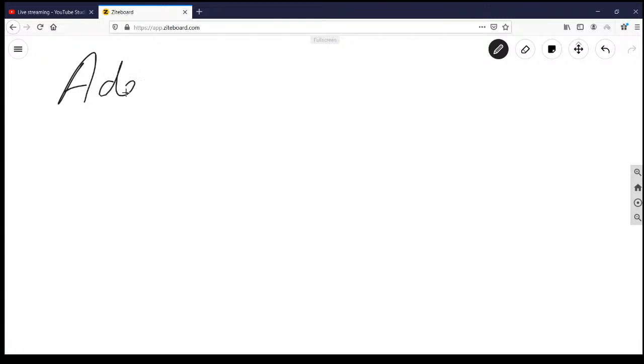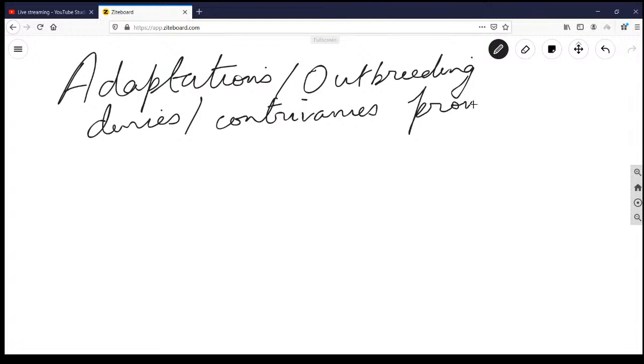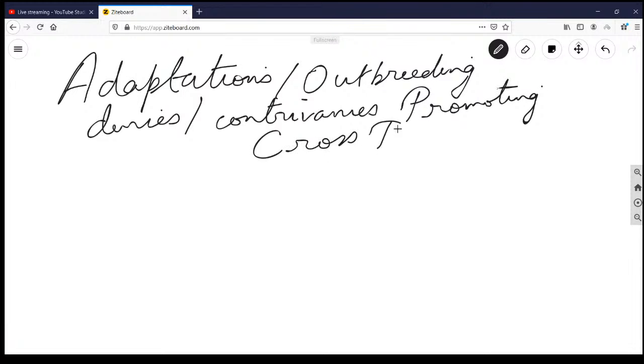So the next heading is adaptations, outbreeding devices or contrivances promoting cross pollination.